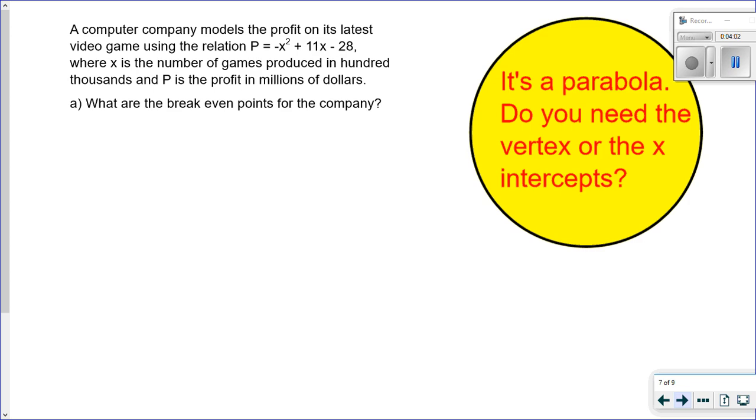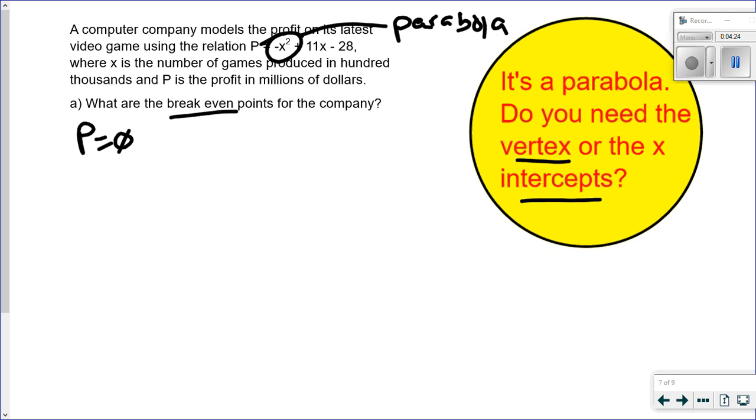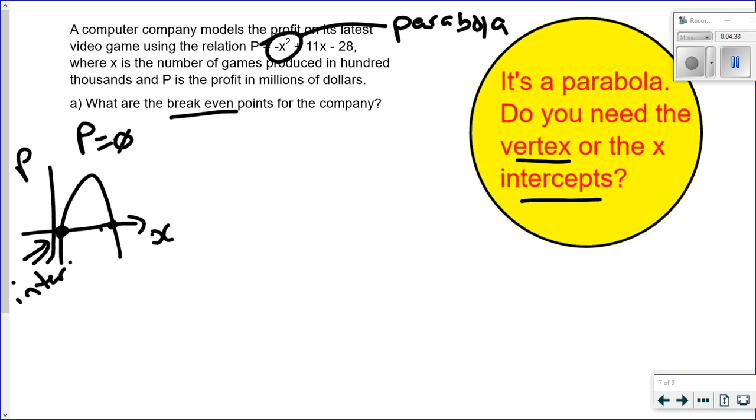So the big question becomes, we know it's a parabola. But do we need the vertex or the x-intercepts? Well, the break-even points is when the profit equals 0.